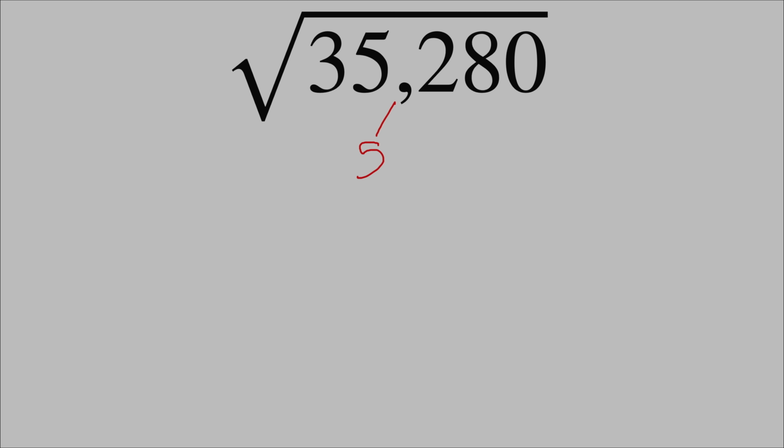So 5 times, well, let's see. 35 gets us 7,000. Let's see, 7,002, so that's 0. 28 gets us 5. That leaves us 30, so 7,056. Okay, 7,056.